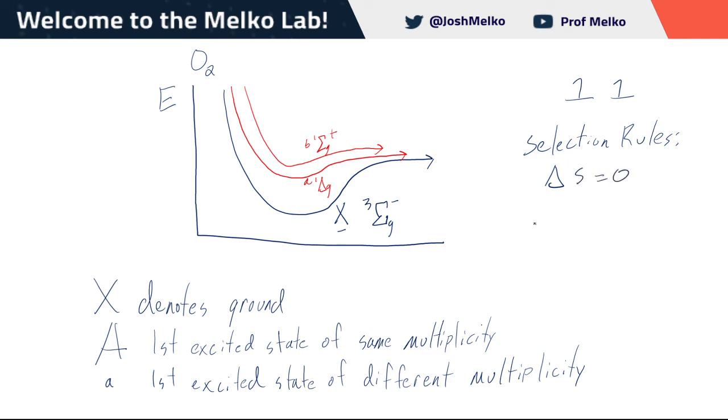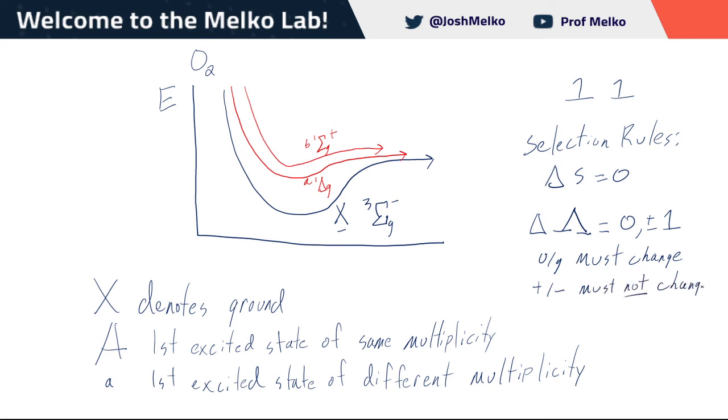And delta L, or here delta lambda, the change in the angular momentum, must be 0 or plus or minus 1. Gerade and ungerade must change. And plus minus must not change.